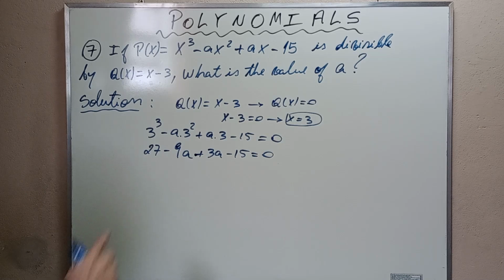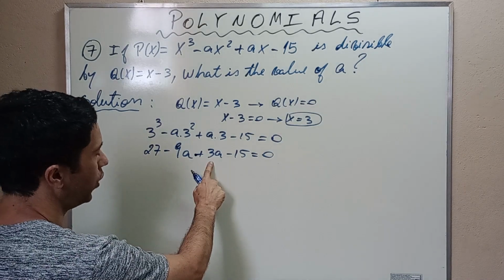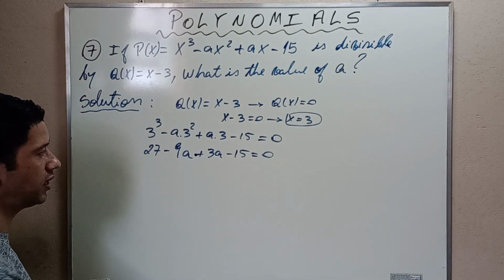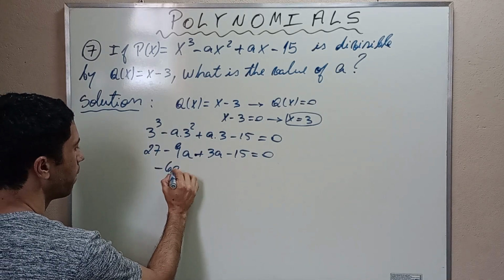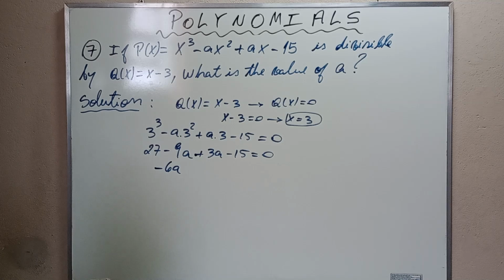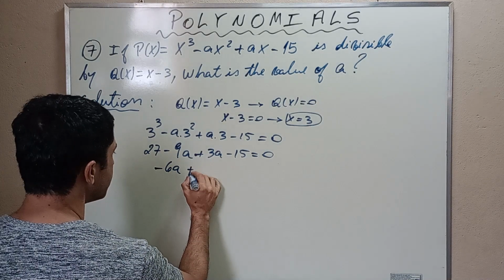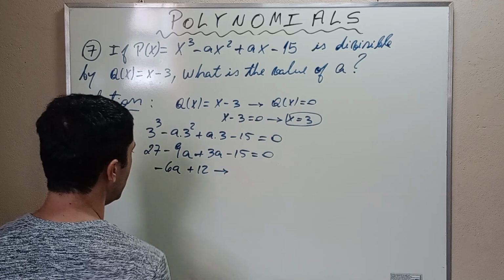Negative 9 with positive 3 is negative 6. 27 minus 15 is 12. Okay?